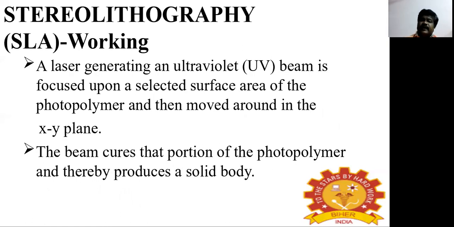In the working, the laser generates a UV beam that we can focus upon the selected surface. It is impinged on the surface of our photopolymer and we can move it in the XY plane. The beam will cure that portion of the photopolymer and produce a solid body.